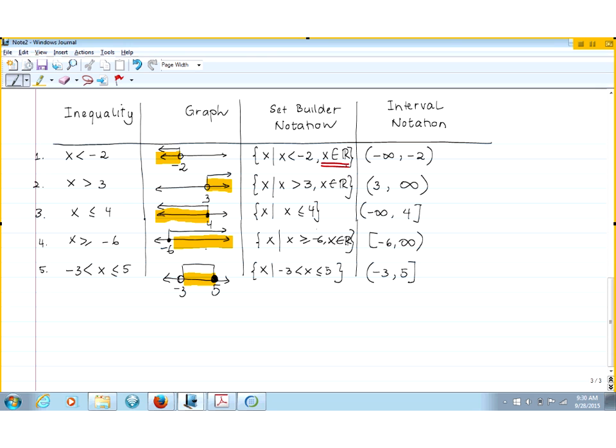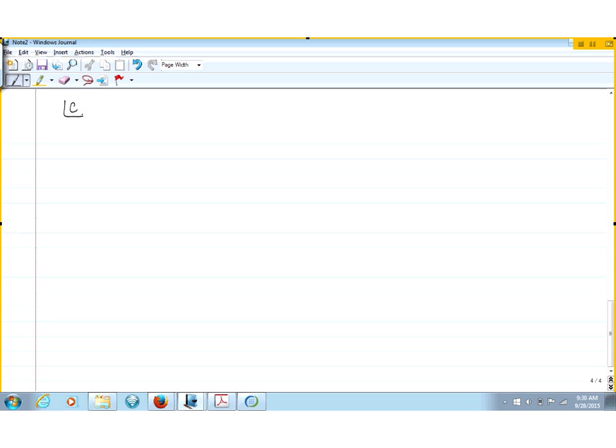Okay, good. So we're ready with solving inequalities now? So C, solving inequalities: solve, graph, and then write the solution in set builder and interval notation.